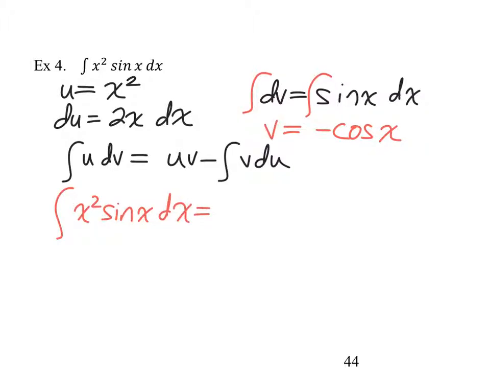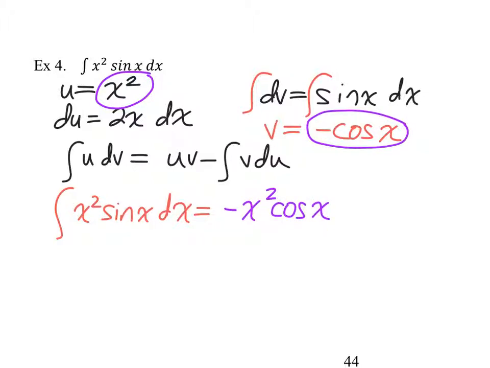So put these two together: negative x squared cosine x, minus the integral of v du. In that case, I'm going to go blue here, putting these two together, make it a plus, and we're going to have a 2x cosine x dx.